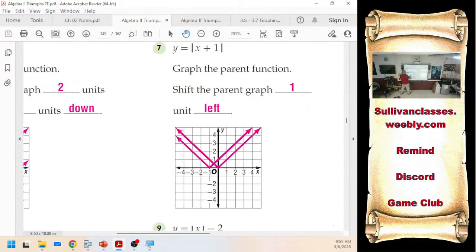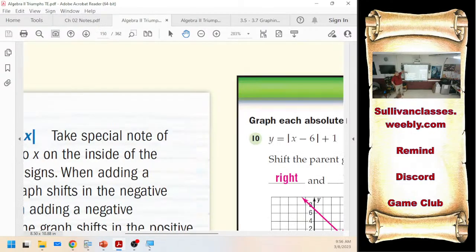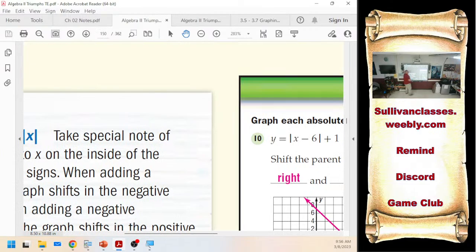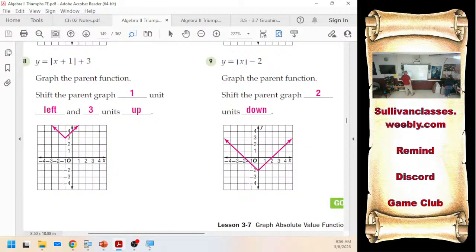Okay, 7. Just took that parent graph and shuffled it over 1. Okay, 8 and 9. 8 moved kind of up into that corner. 9 just down 2.